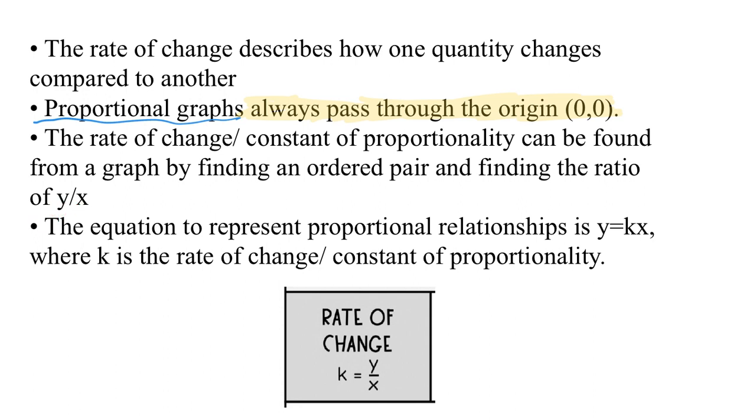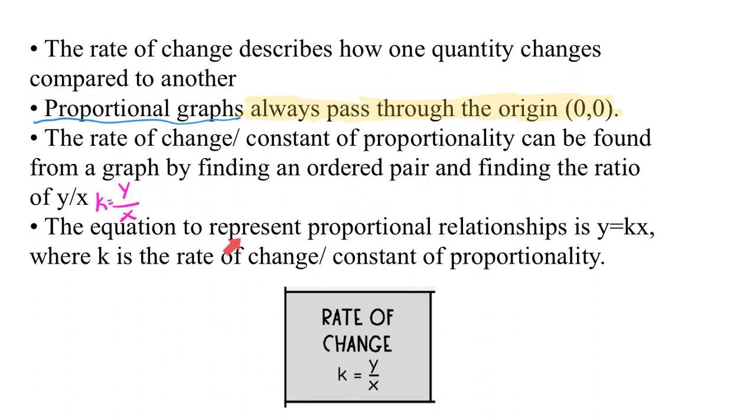So another way to write that is y over x, and k is what I'm going to call that rate of change. So k is going to be y over x. Later you will learn that I can use the letter m, but right now we're just going to use the letter k.